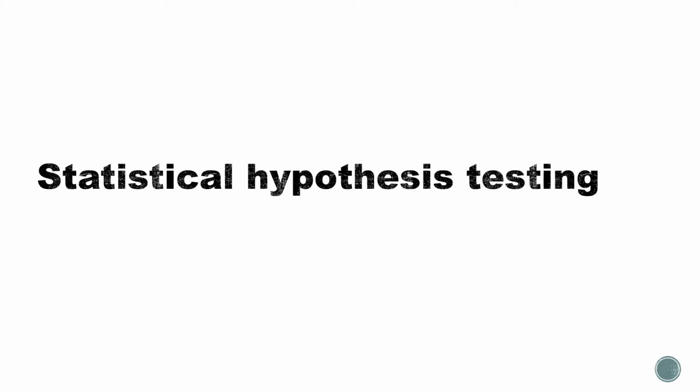In other words, the random error or the sampling error. We need to take this into consideration. So we try to formulate hypotheses in support of or against our results.